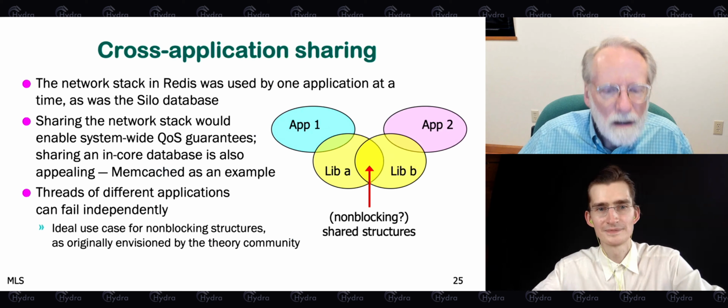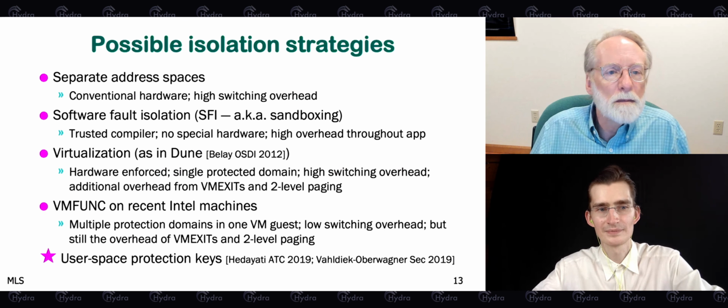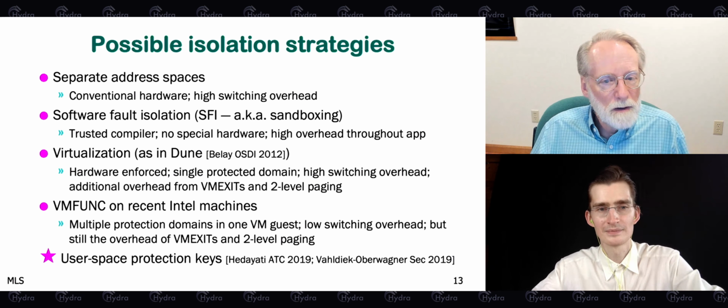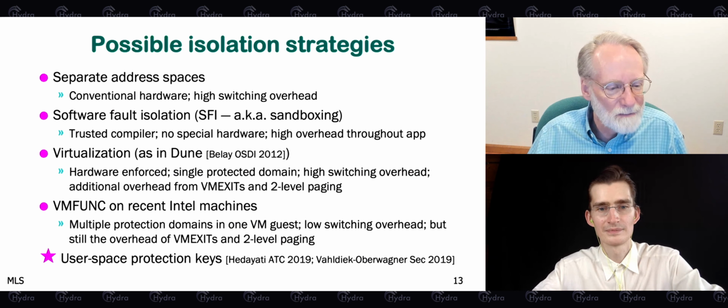There's several possibilities. We could do the control software fault isolation, which was mentioned on a previous slide. We could implement the lowest possible overhead system call to switch page tables.